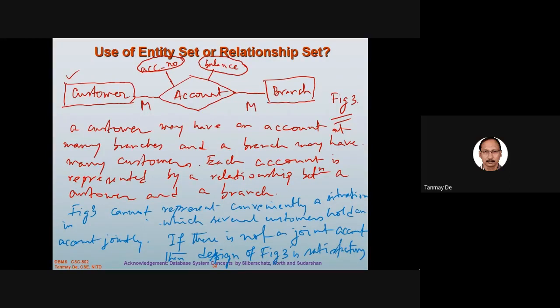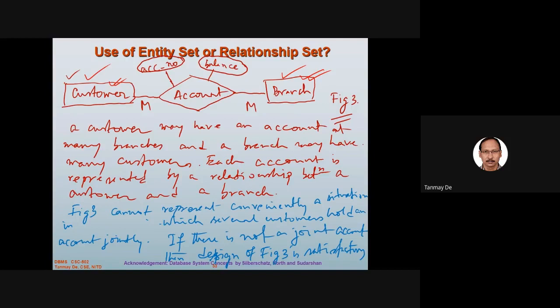Any number of customers is associated with any branch via the account relationship set, and in a particular branch, any number of customers is there via the account relationship.